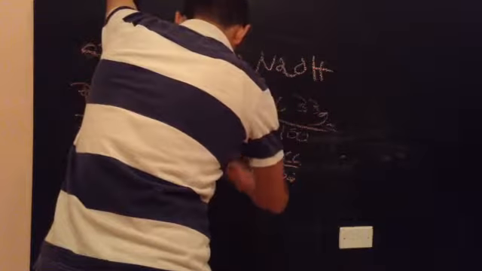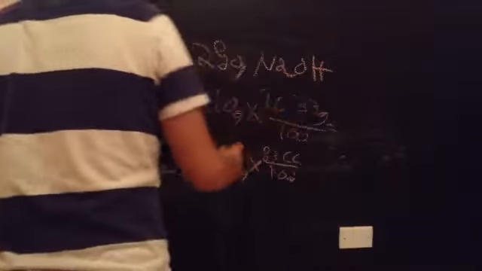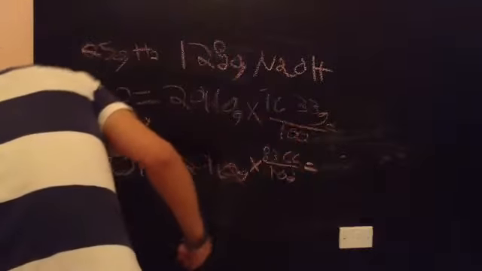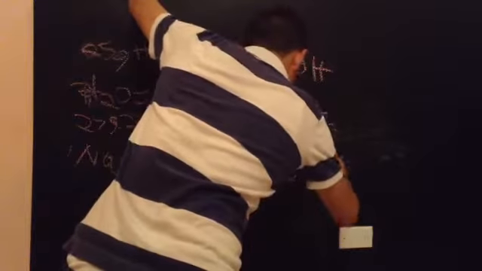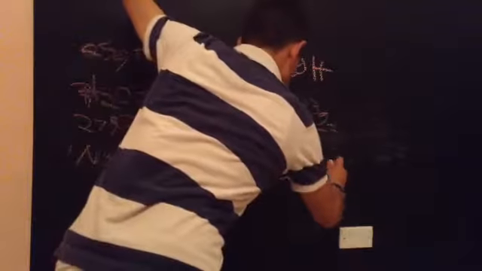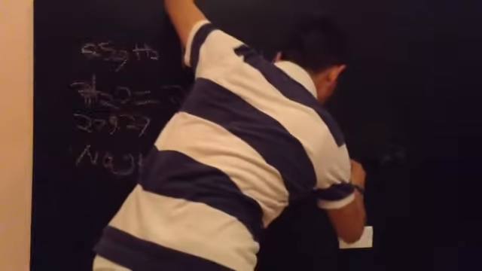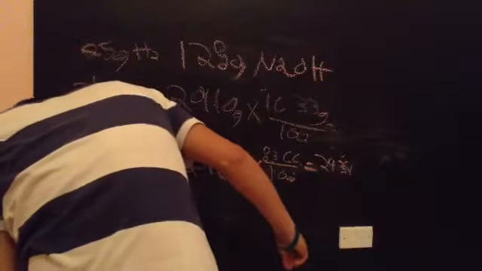So it would cancel out, and so the answer for the sodium hydroxide would end up being 2,434.5.